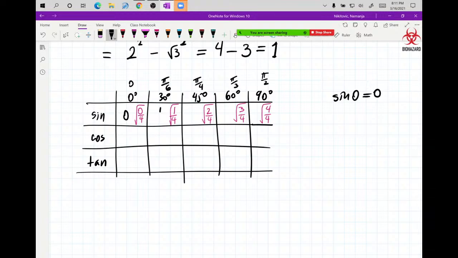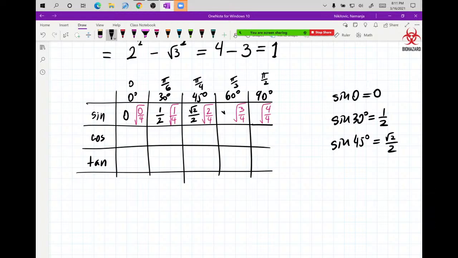Square root of 1 is 1, square root of 4 is 2, meaning sine of 30 degrees, or pi over 6, is 1/2. Square root of 2 we can't take, but square root of 4 is 2, meaning, we already know all of these values, but I'm just going to write them down here for at least sine, and then you can do the rest.